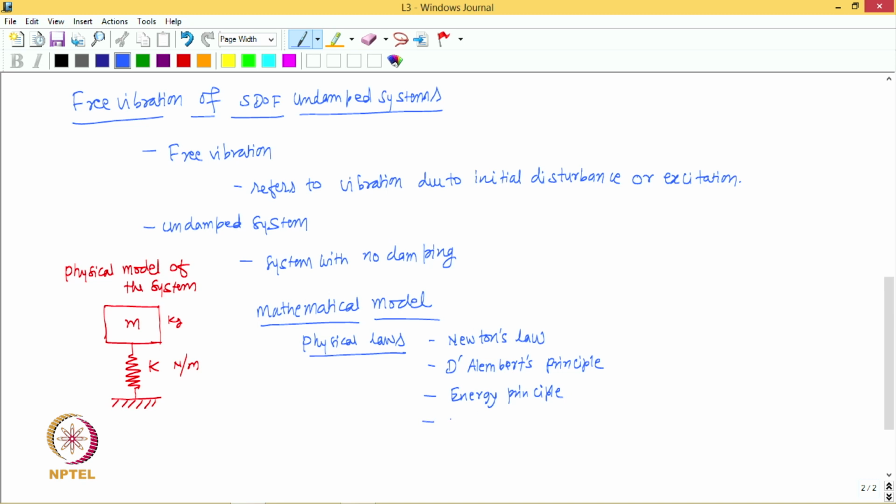We can use the principle of virtual work, we can use Lagrange's equation, or we can also use Hamilton's principle.